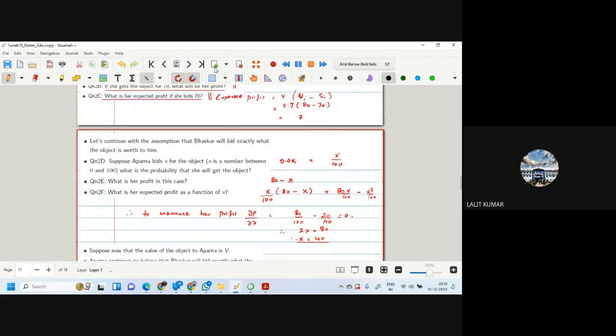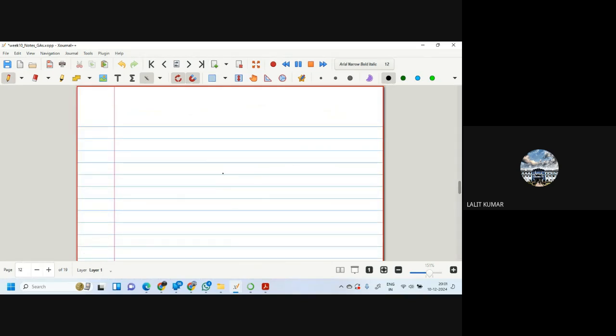Now the second part: let us note down how that equilibrium will come. Aparna thinks Bhaskar is bidding half. Therefore, Bhaskar's bid is V by 2.